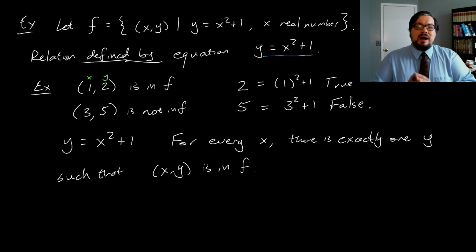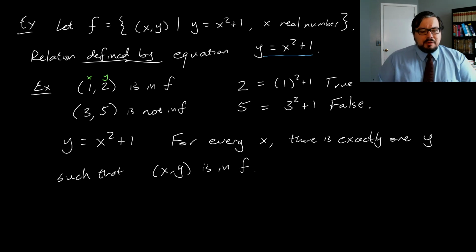The pair x, y only belongs to this relation F if y equals x squared plus 1. And so, for example, we saw that 3, 5 is not in F.